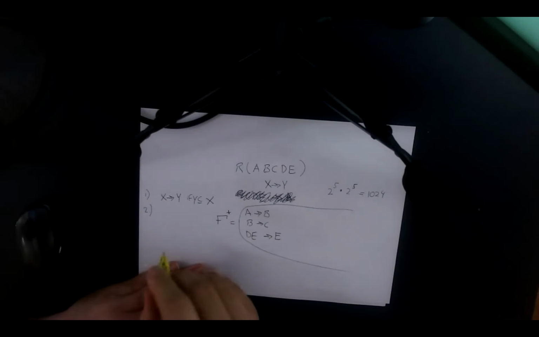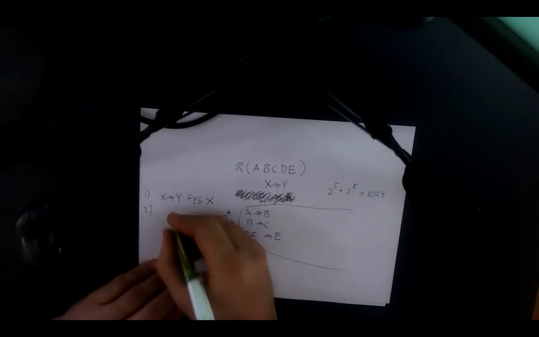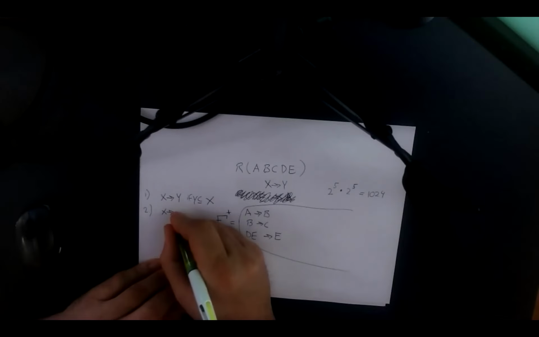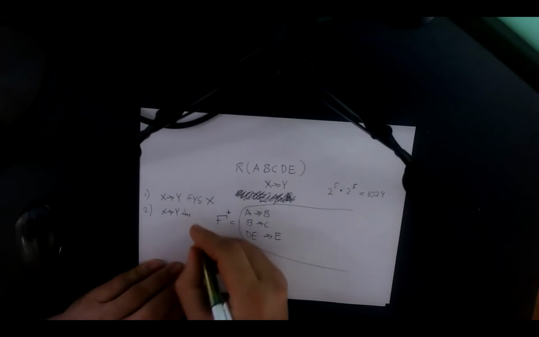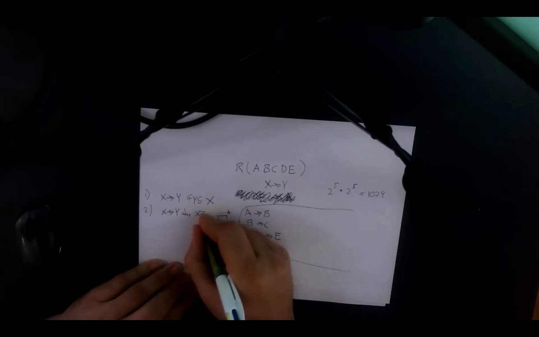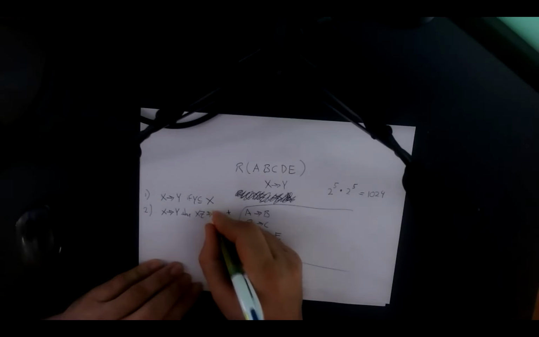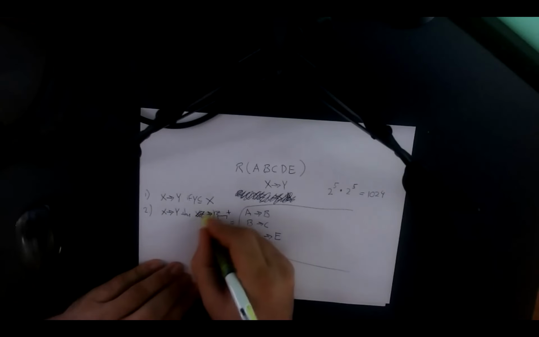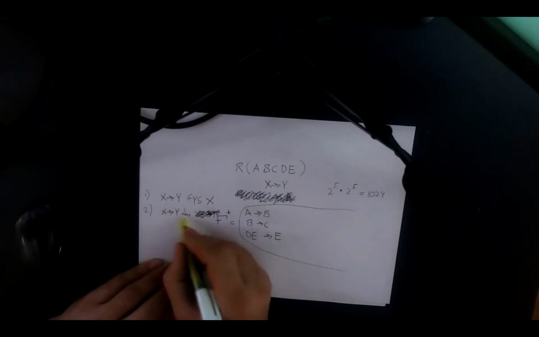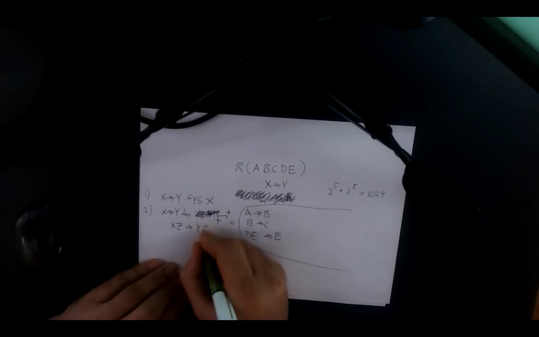2 is what's called augmentation. So if x goes to y, then xz goes to, oh darn it, yz. I'm sorry if you guys can't see that. If x functionally determines y, then xz functionally determines yz.